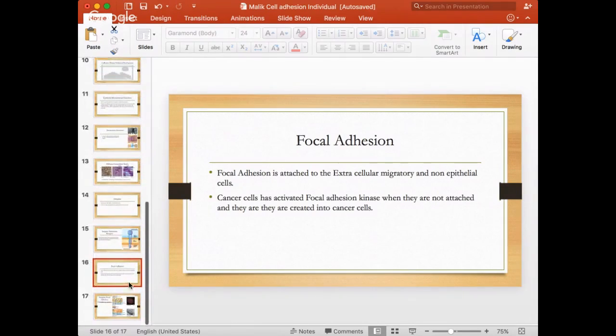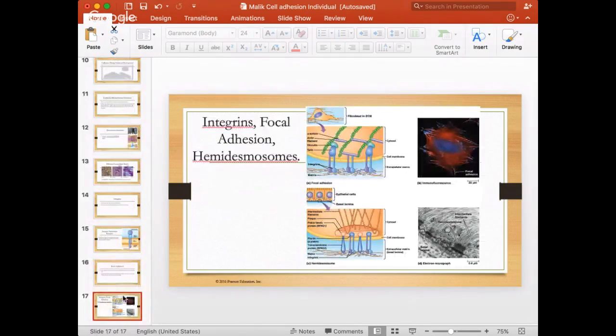Now we're going to discuss this figure over here, which shows a bunch of different types of migrating cells attached to the extracellular matrix. You see focal adhesions containing integrins and proteins such as paxillin and alpha-actinin.